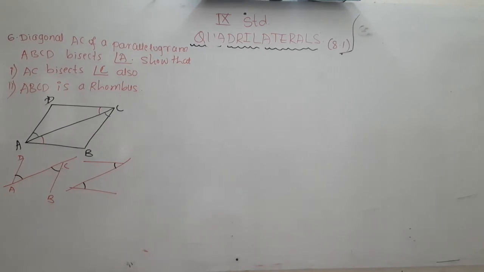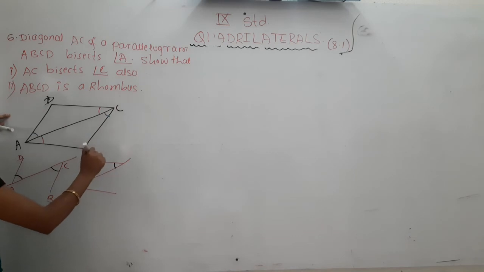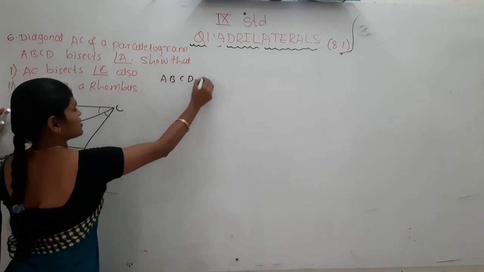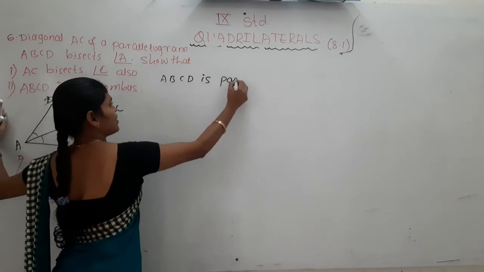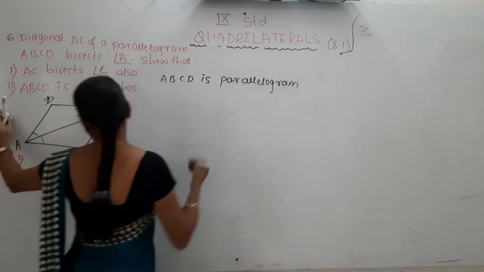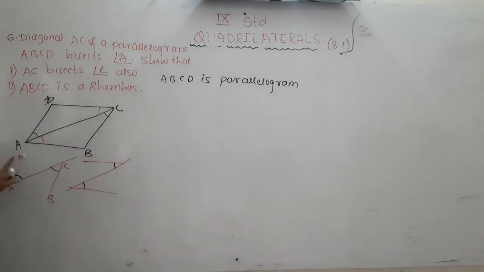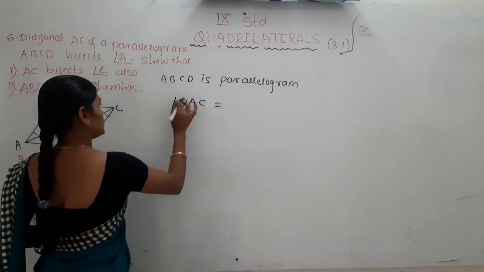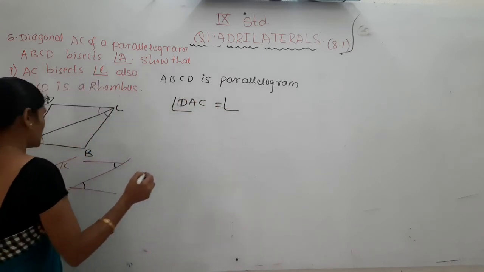Take here the quadrilateral ABCD, a parallelogram. If it is a parallelogram, then its opposite sides are parallel to each other. AD is opposite to BC, these two are parallel, and angle DAC is equal to angle BCA.